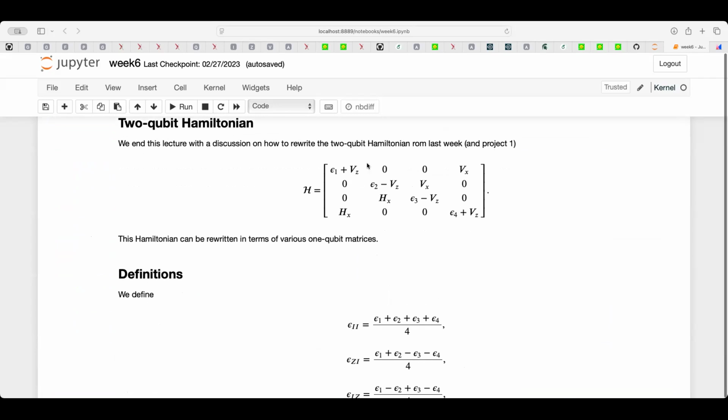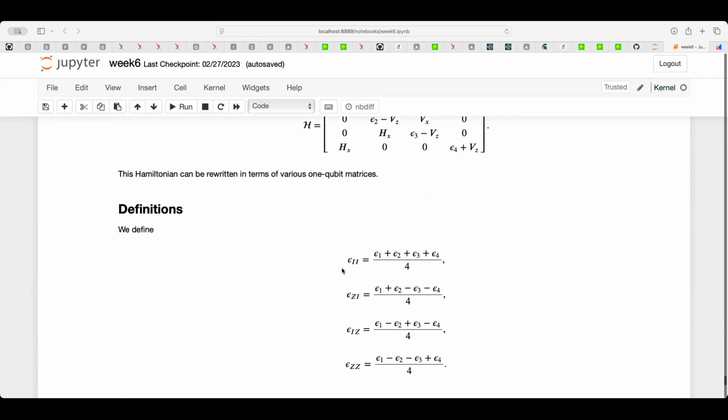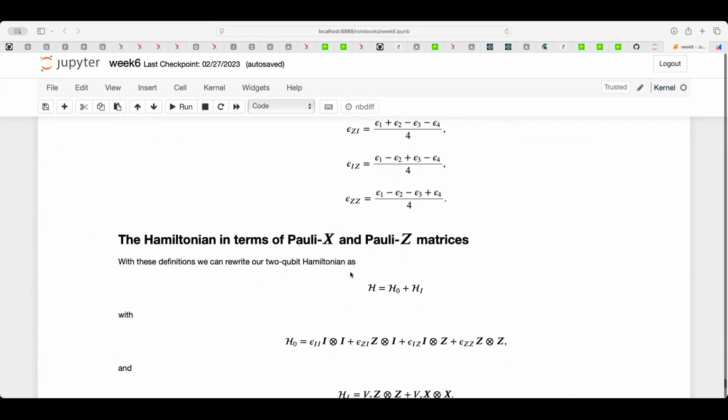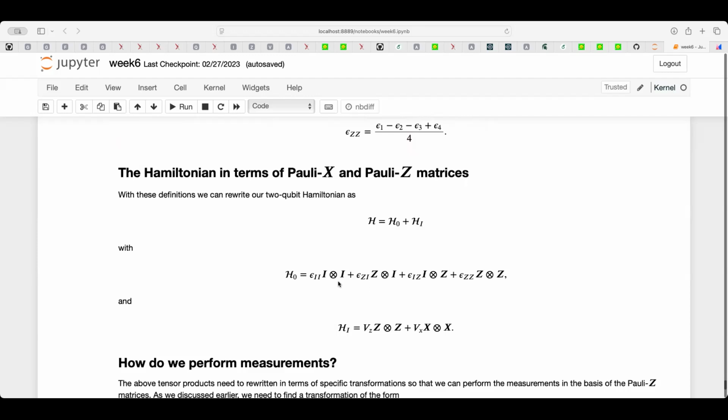What I'm going to do now is to rewrite the diagonal terms, and you can show that this is equivalent to what you did with the 2 by 2 matrix. I can rewrite the diagonal term in terms of this combination of matrices. And keep in mind now, this applies to the first qubit, this to the second, first qubit, second.